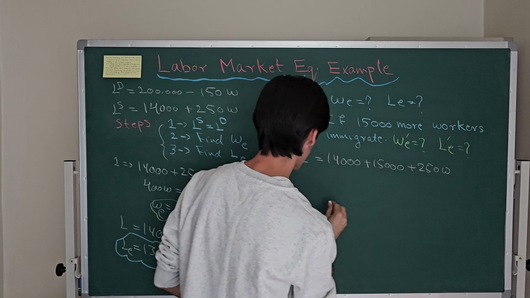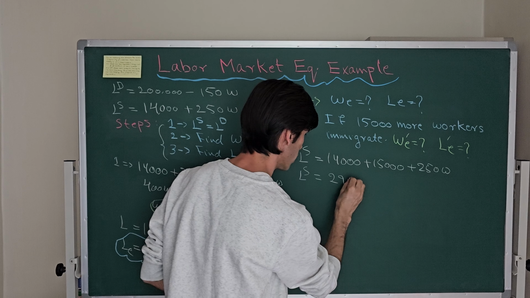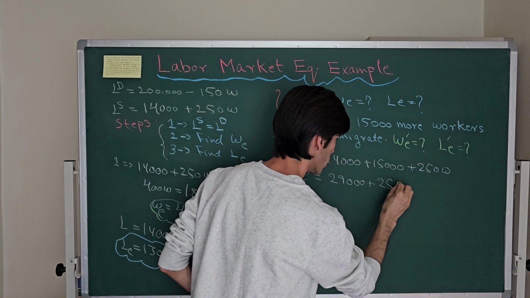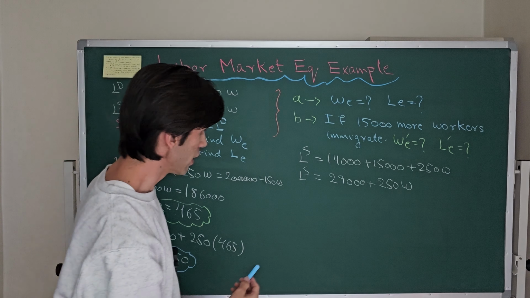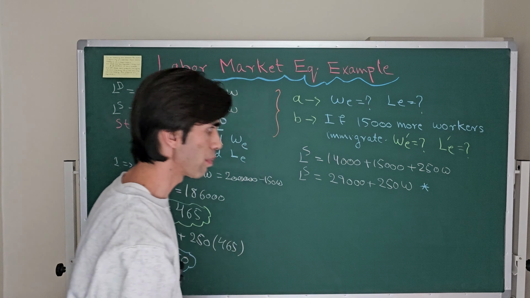250 W. The labor supply equation now will be 54,000 plus 250 W. So now we have a new supply equation.